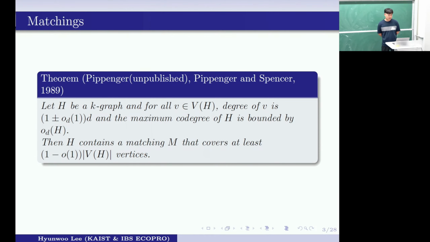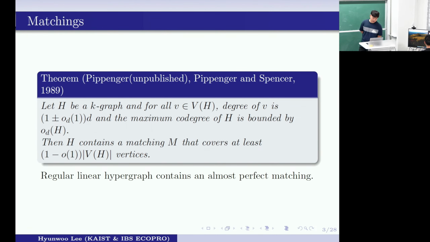It basically says that we have a k-uniform hypergraph. If H is a k-uniform hypergraph, and it is almost regular, and it has a sufficiently small maximum codegree, then this theorem states that the hypergraph H contains an almost perfect matching.